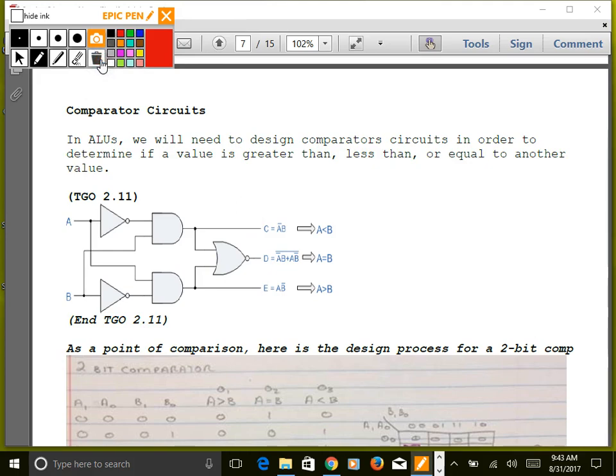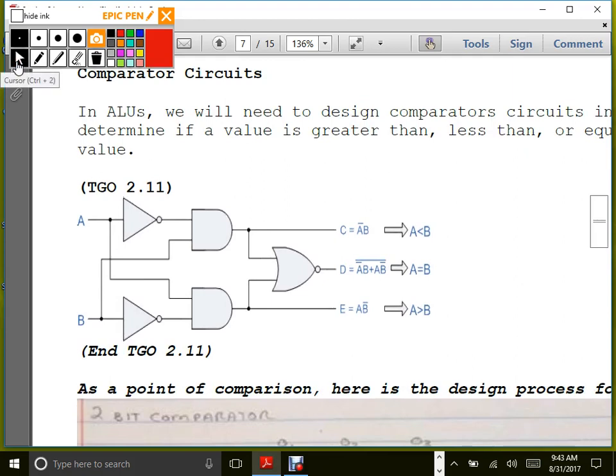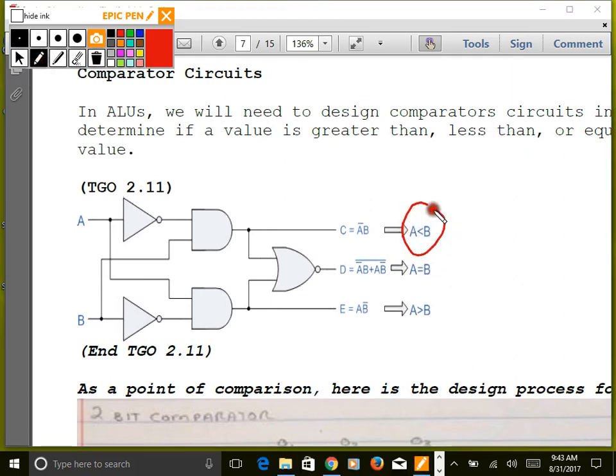So in this case, and I'm going to zoom in here so you guys can see it, A is less than B is actually equal to A not B. So if I have A and B, I have 0, 0, 0, 1, 1, 0, and 1, 1. I'm comparing these 2 values, right?